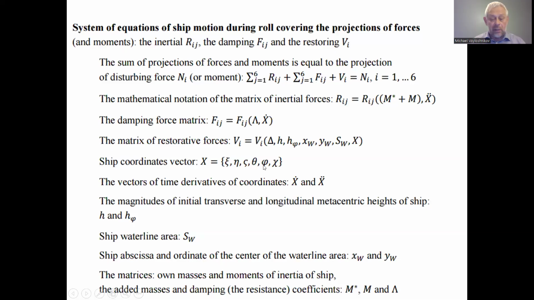theta, phi, chi: yaw, pitching, rolling, vertical rocking, transverse rocking, longitudinal rocking. For the fourth and the fifth we consider the main kinds of ship rolling.